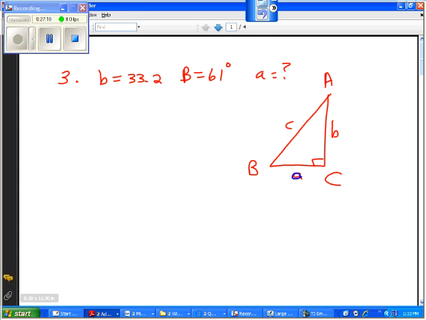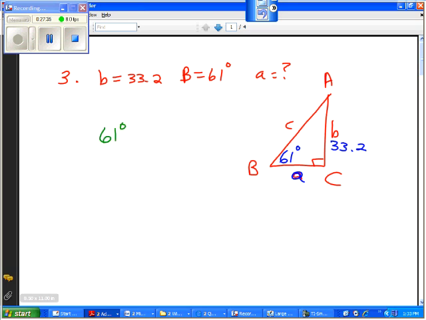So my unknown is little a, that's what I'm looking for. Side B they gave me to be 33.2, and angle B they gave me to be 61 degrees. So I'm given the blue stuff. Understand that?